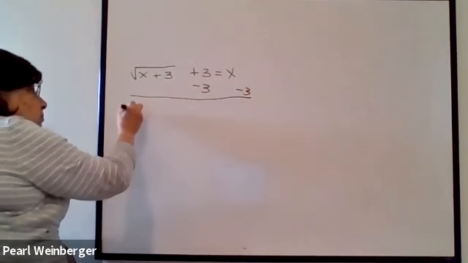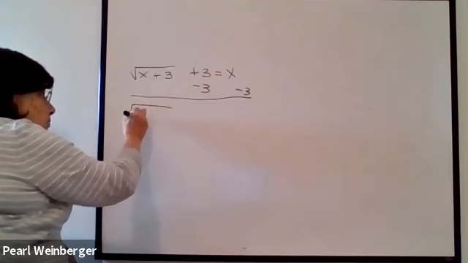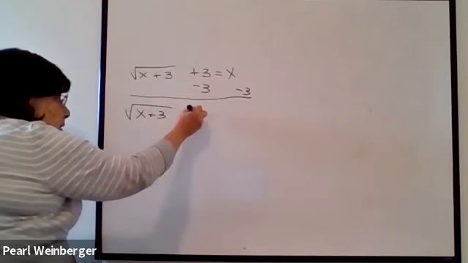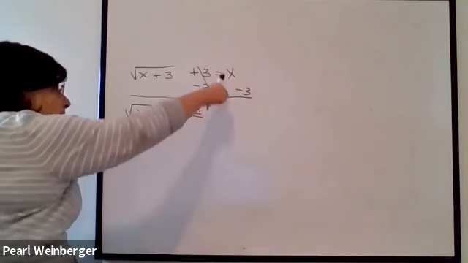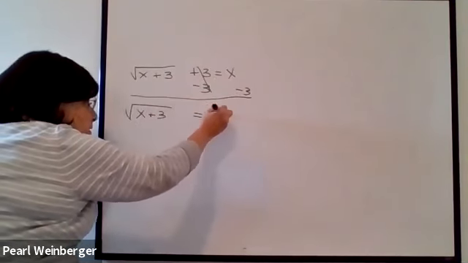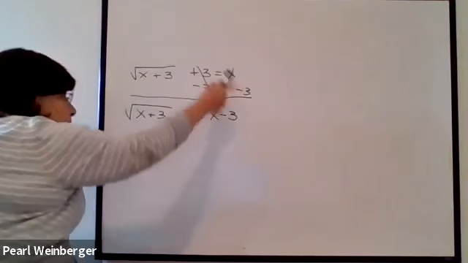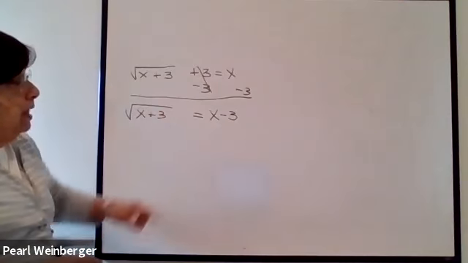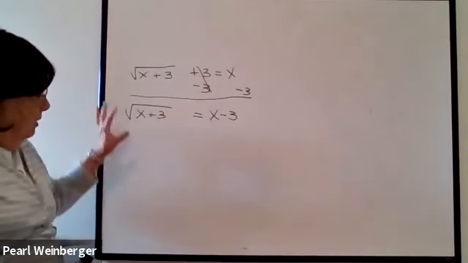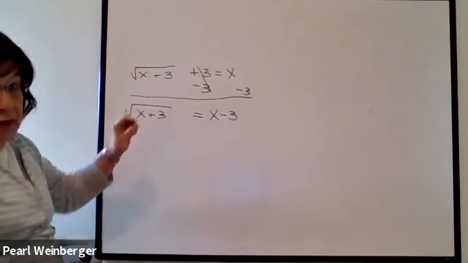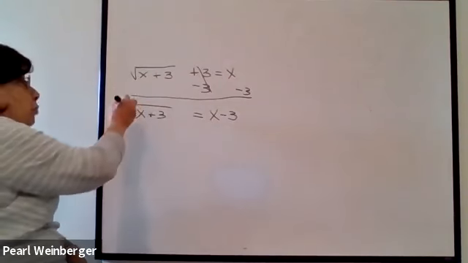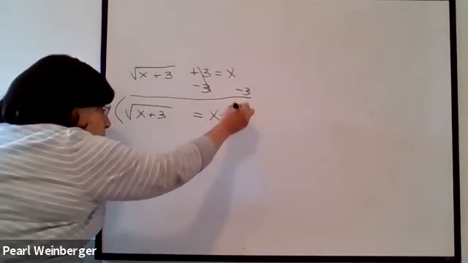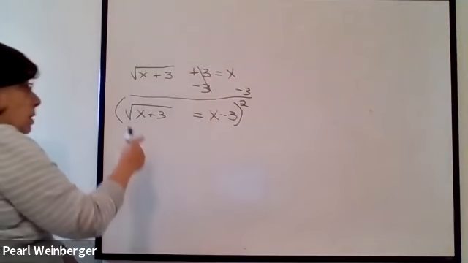And that gives me the square root of x plus 3 equals x minus 3. I can't combine these two because they're not like terms. This is an x. But again, I've got my radical by itself, so I'm going to square both sides.